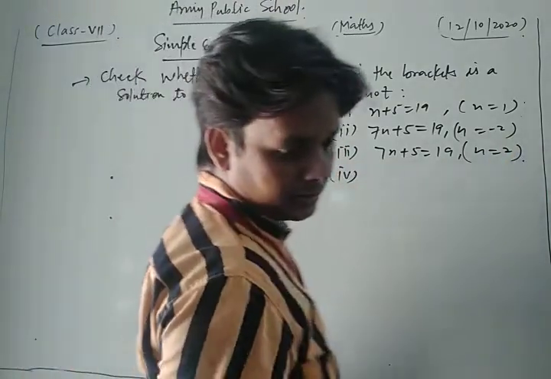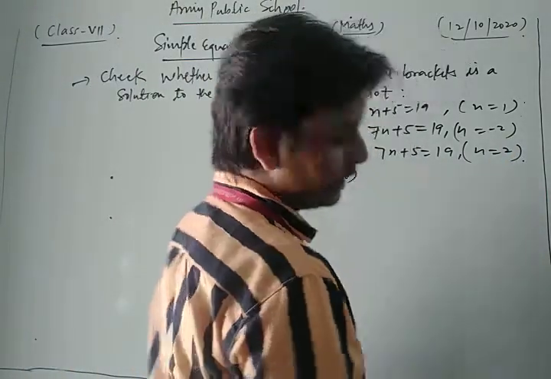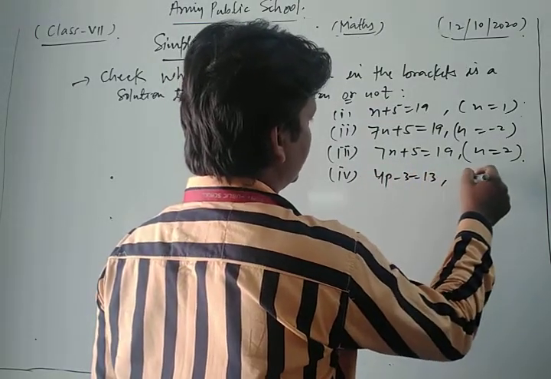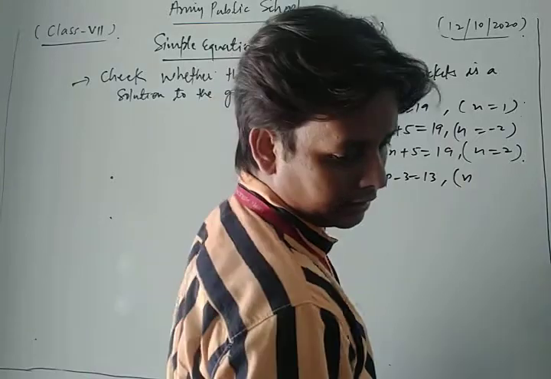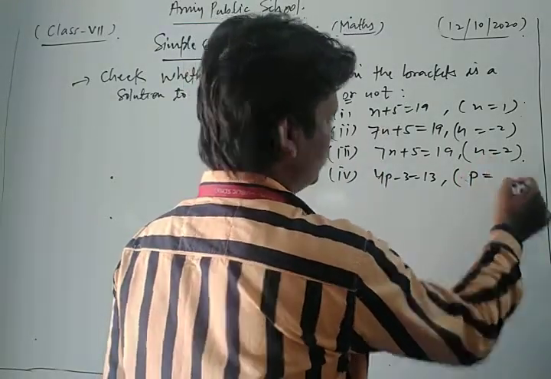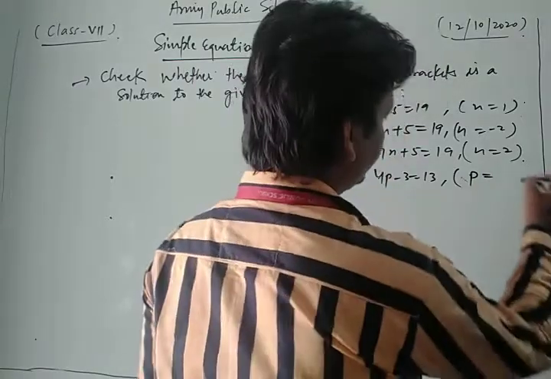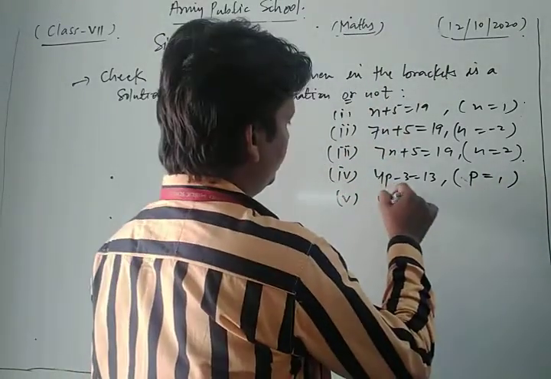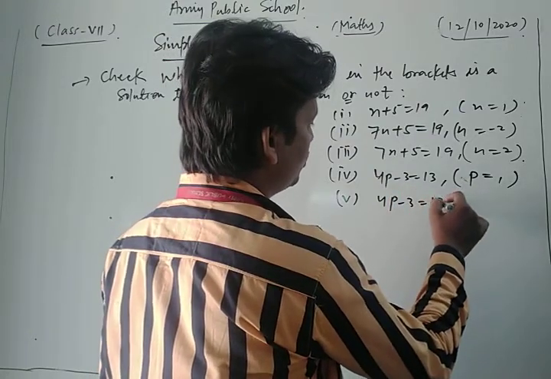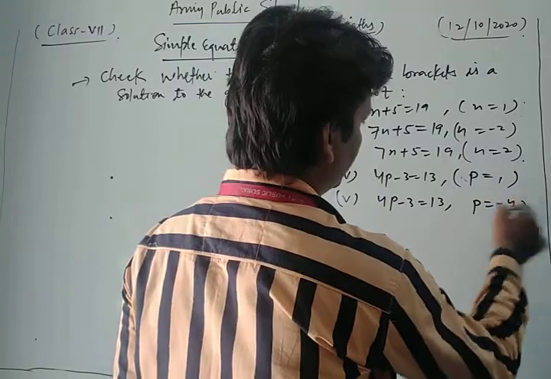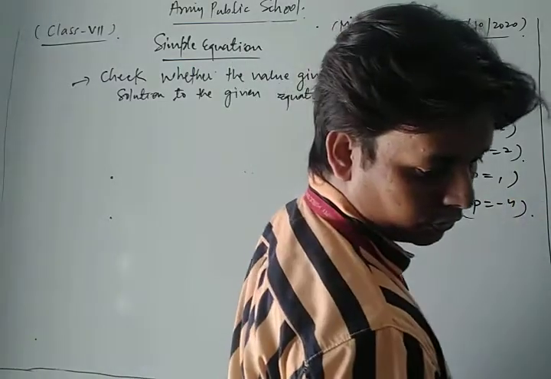The fourth one is 4p minus 3 is equal to 13, given p is equal to 1. And the fifth one is 4p minus 3 is equal to 30, given p is equal to minus 4.